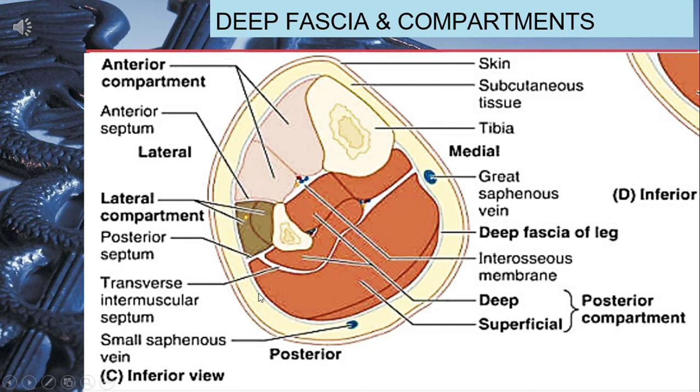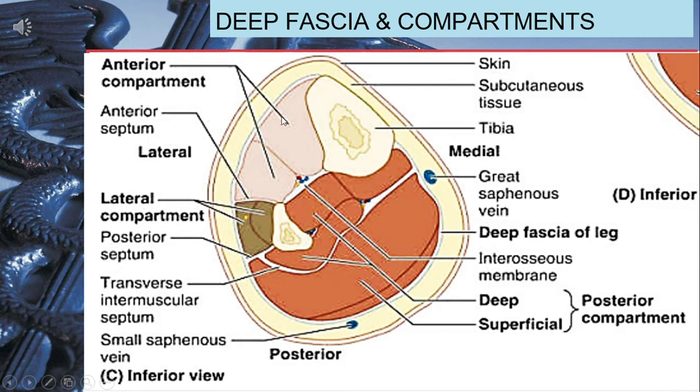Then there is the deep fascia layer surrounding the leg and also connected here on the anterior border and then the medial surface and posterior border of tibia, and it is also continuous with its periosteum.